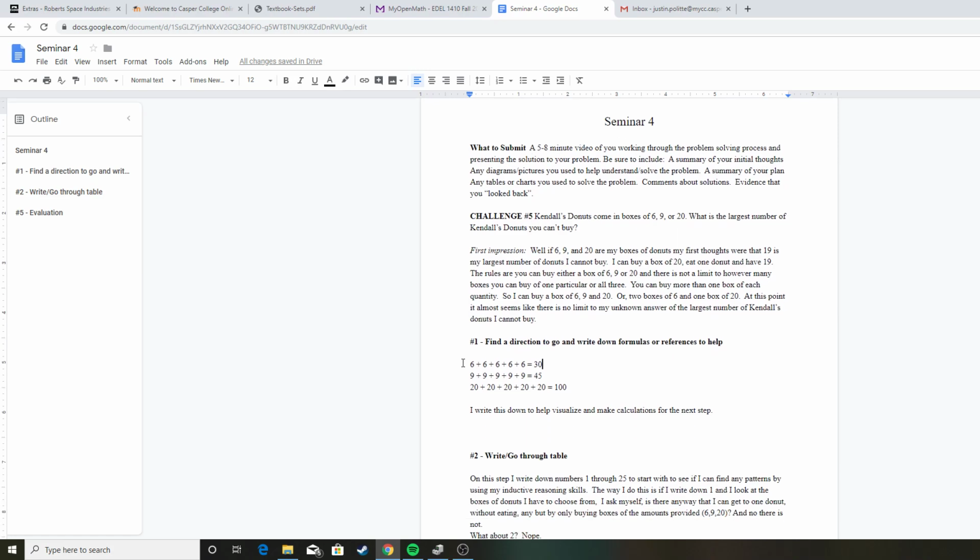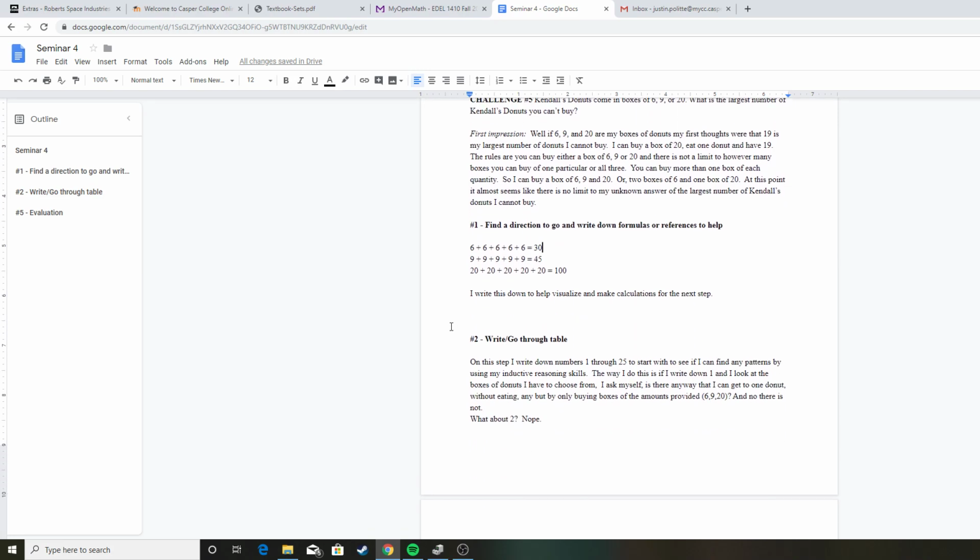So for step number 1, find a direction to go and write down formulas or references to help. What I first did is I wrote down the number of boxes, 6, 9, and 20, in a vertical column. Beside each number, so for 6, I wrote plus 6, plus 6, plus 6, plus 6, and then equaled it out to 30. I did the same for 9 and for 20.